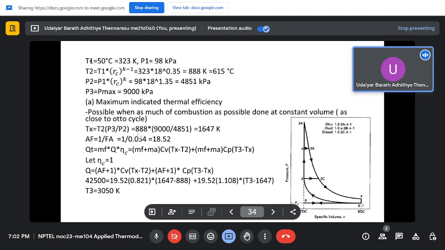Now the air-fuel ratio is nothing but the reciprocal of the fuel-air ratio, so we find the air-fuel ratio is 18.52.